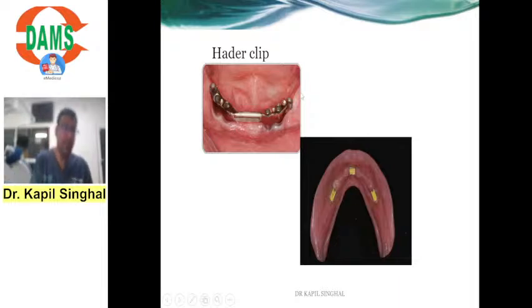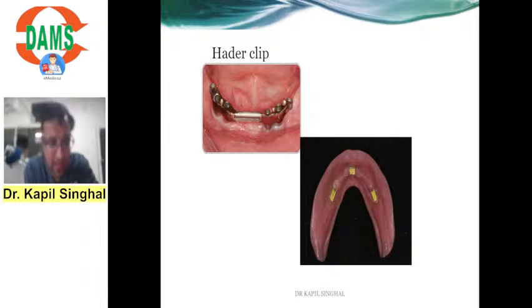So basically, the overdenture is taking the support only from the implant bar, the bar that is fabricated over the implant. It will rest only on that, and the denture is not resting on the soft tissue anywhere. So basically you need 4 to 5 implants when you're planning RP4 kind of prosthesis. You cannot do it over 2 or 3 implants. Okay. So this is RP4.